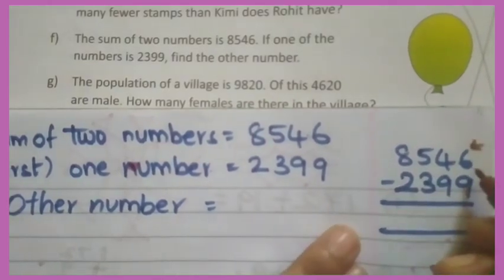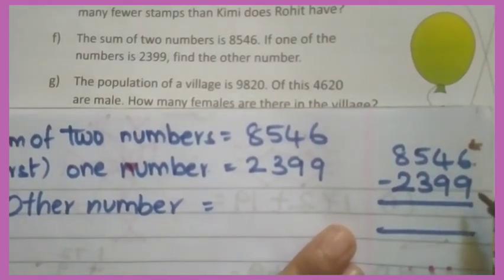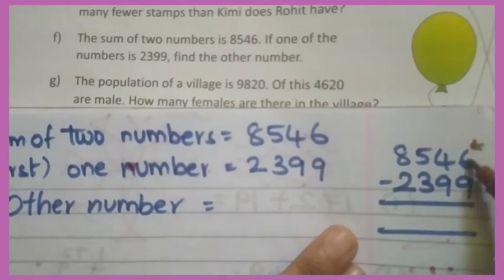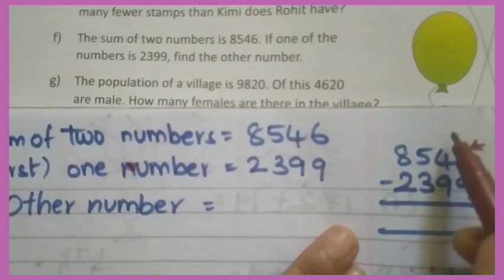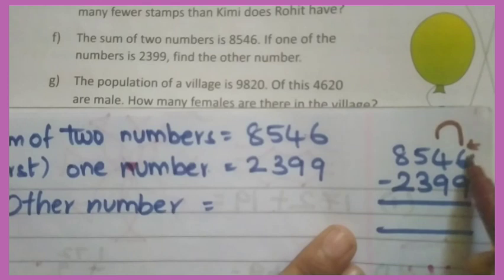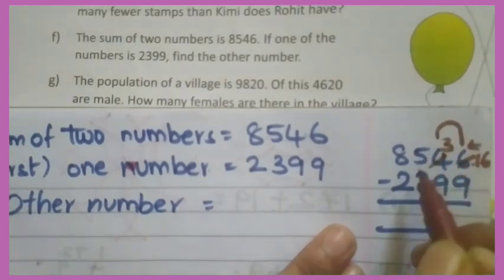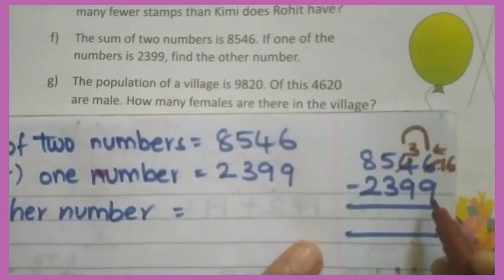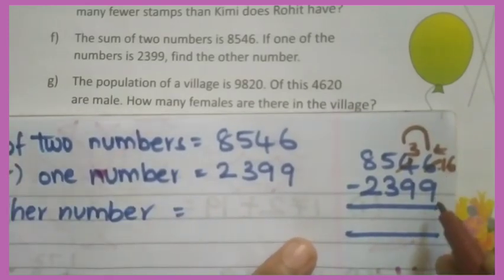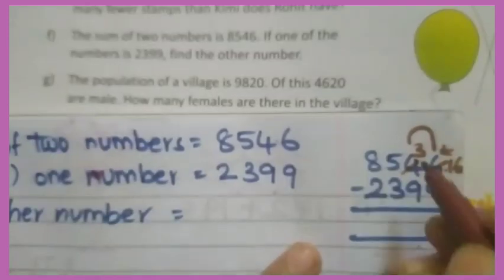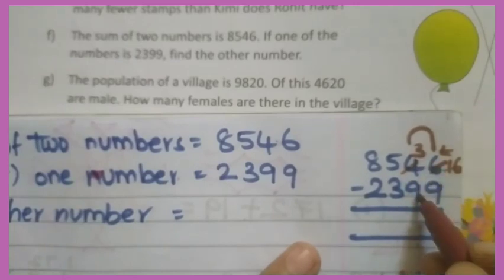So what is the digit in ones place? 6. Can we subtract 9 from 6? No. So I have to take borrow. It will be 16. Here 4 will become 3. Now 16 minus 9 is 7. From 3 we cannot subtract 9.